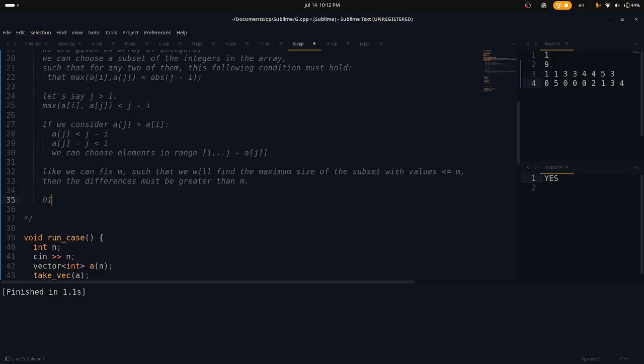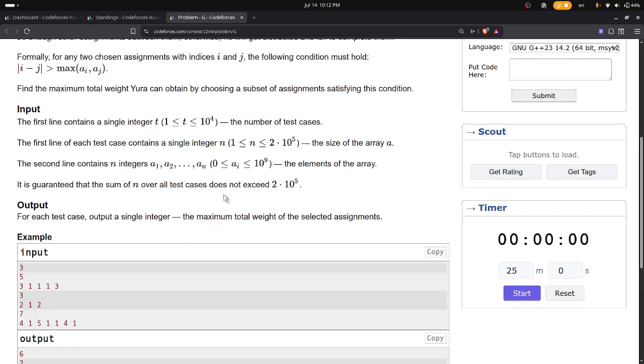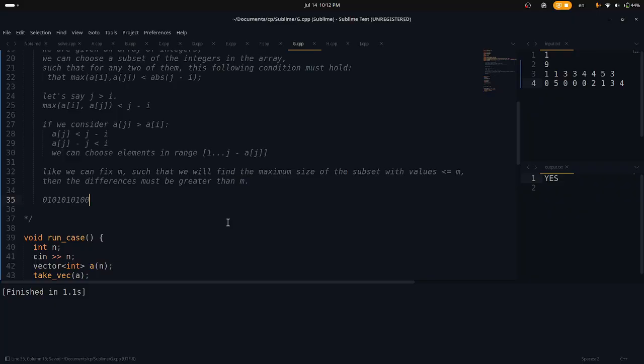So it's like 0 1 0 1 0 1, right? 0 1 1 0 0 1 1 0 0, these kinds of values.